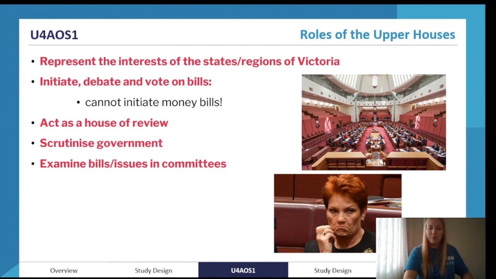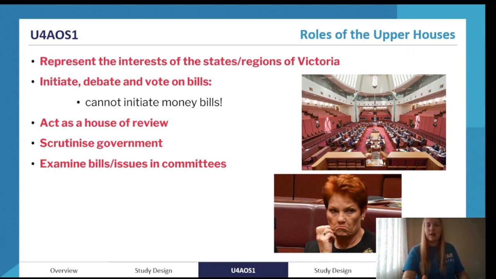Just remember how it's composed. 12 senators are chosen from each state and two from each territory based on broader sort of geographical regions. So instead, they represent the interests of distinct geographical regions or electorates, as we call them. And this is very different to the House of Representatives, where people just vote for members.